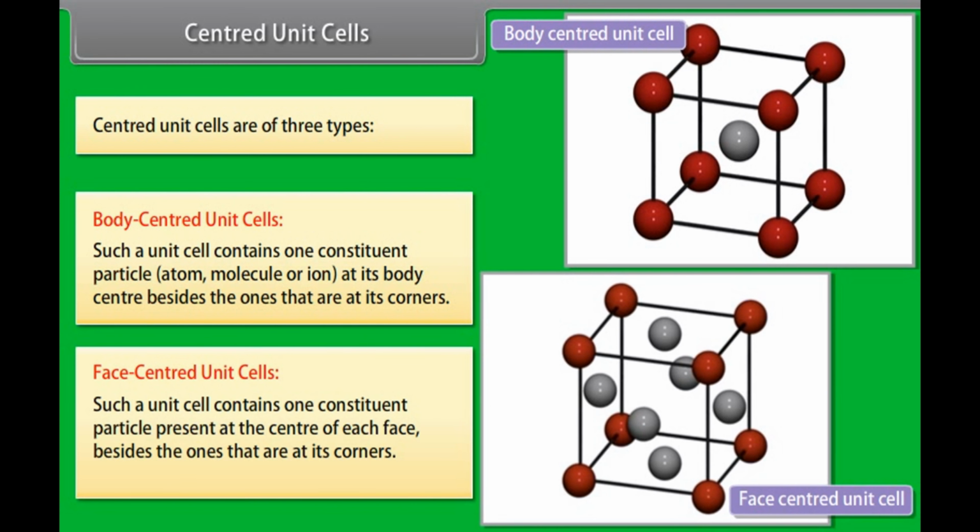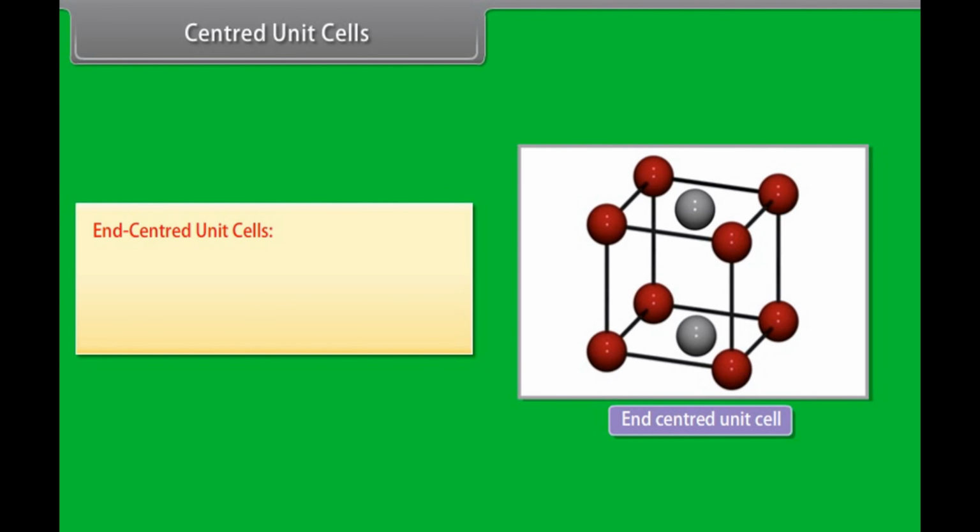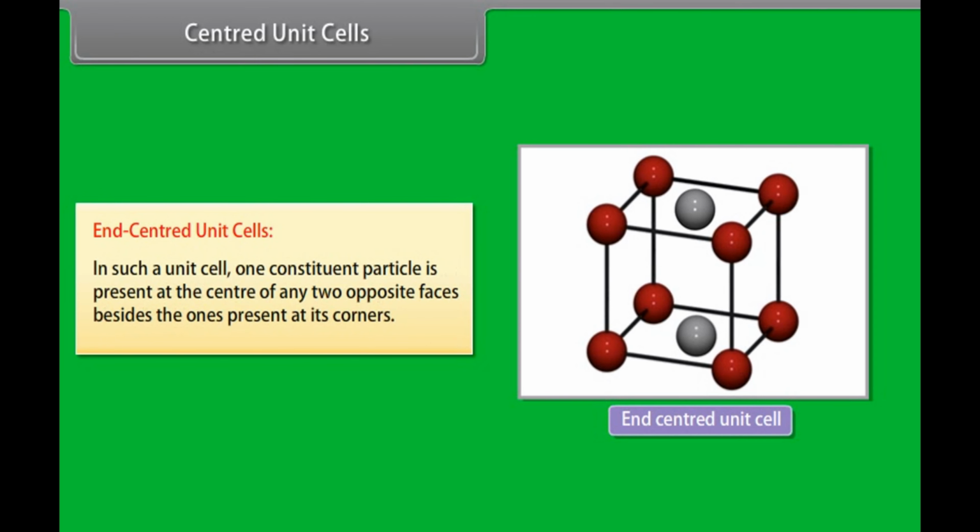Such a unit cell contains one constituent particle present at the center of each face besides the ones that are at its corners. 3. End-centered unit cells. In such a unit cell, one constituent particle is present at the center of any 2 opposite faces besides the ones present at its corners.